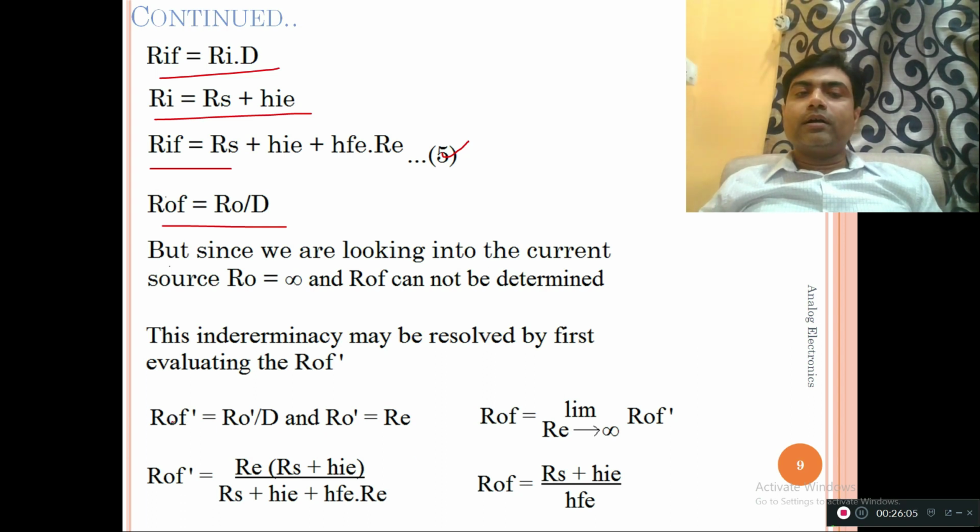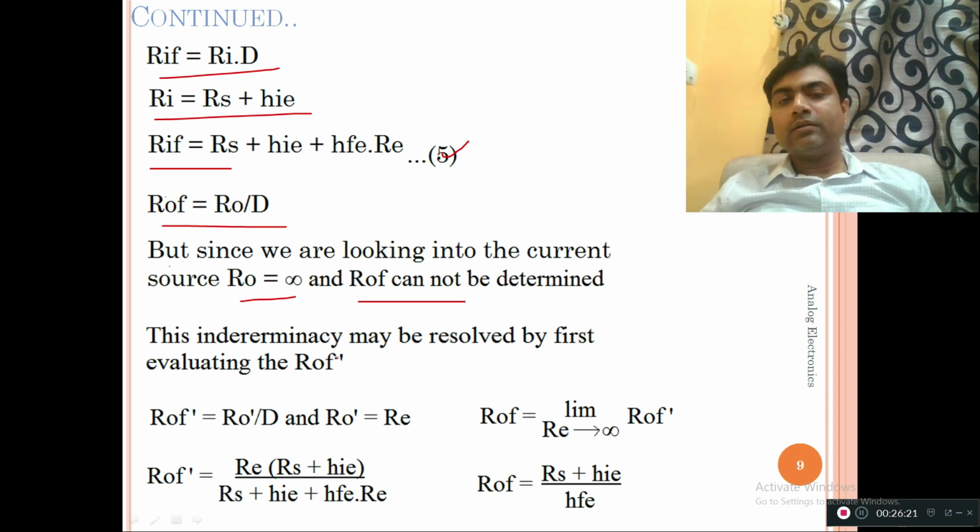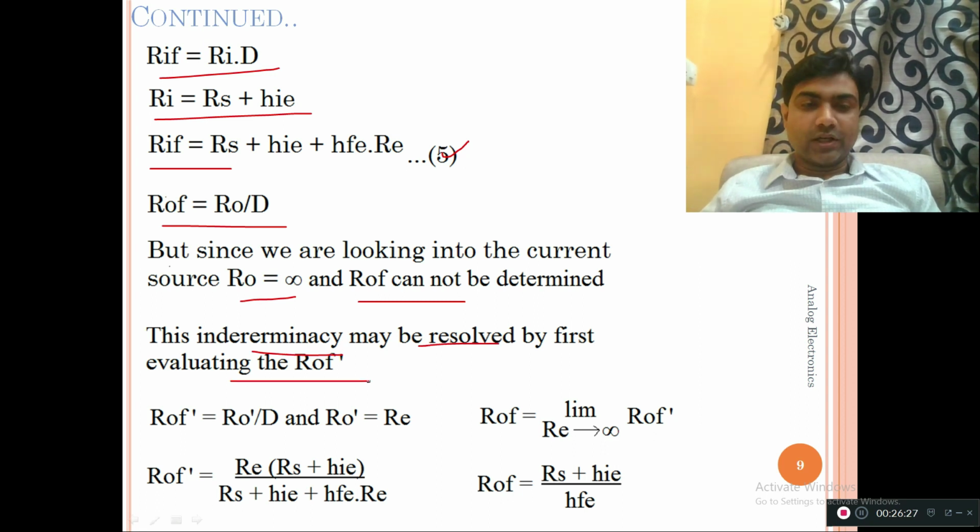So better to go for the ROF dash calculation, and we can then backtrack the calculation of the ROF. Since we are looking into the current source, RO is going to be infinity and ROF cannot be determined. So this indeterminacy may be resolved by first evaluating the value of the ROF dash. So ROF dash is nothing but RO dash upon D.